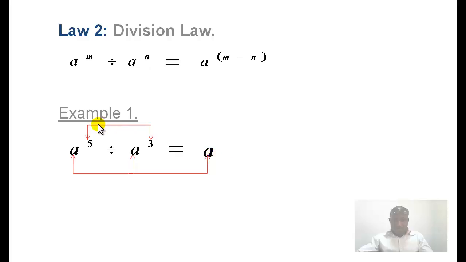The indices 5 and 3 are subtracted on the right hand side of the equality sign. This follows from the fact that division operation implies subtraction of the indices. Simplifying the expression on the right hand side, we have a^2.